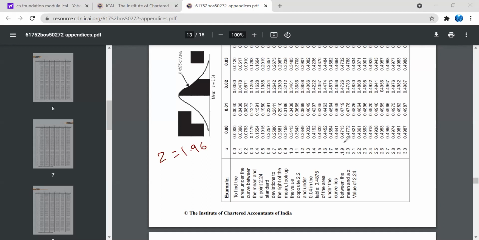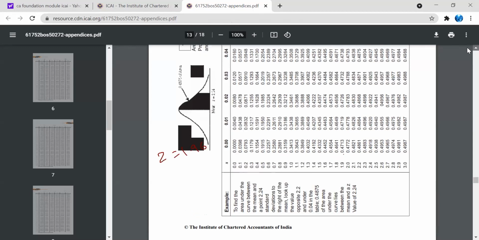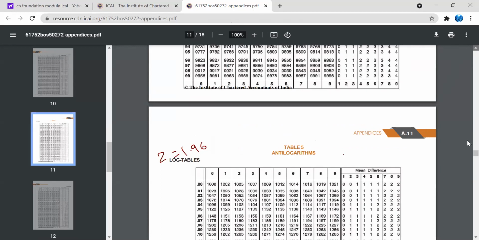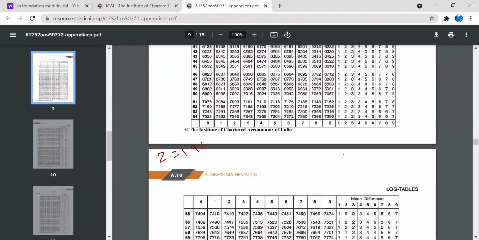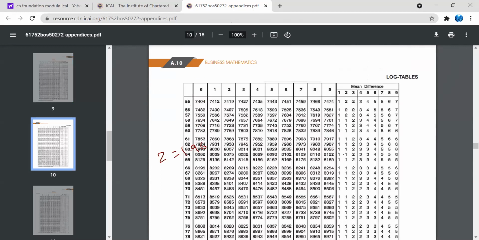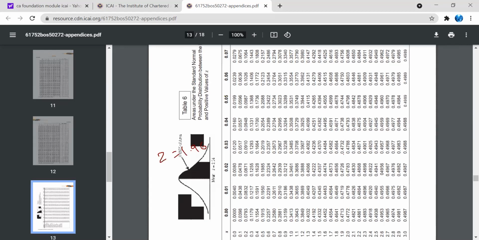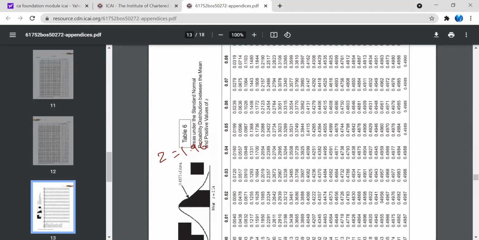And now we go and find the value under 6. So what is the value? 0.4750.